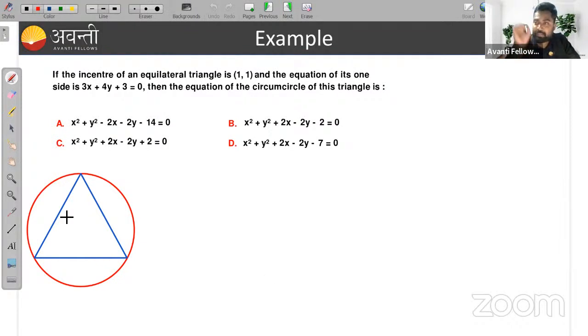So incenter means the point of intersection of all the angle bisectors of a triangle, right?